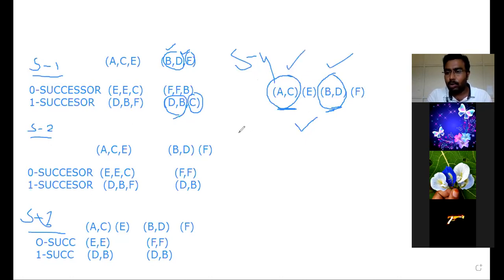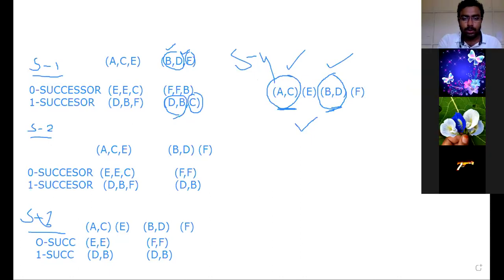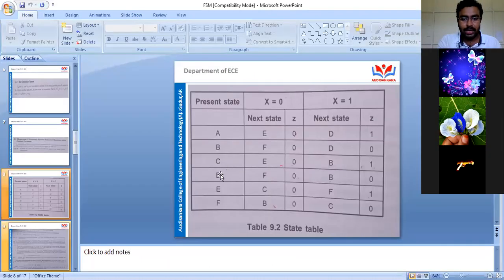So in the table, what they have given in the question part, students? A, B, C, D, E, and F are the states they have given, and they are asking us to minimize this table with the help of the partition technique.